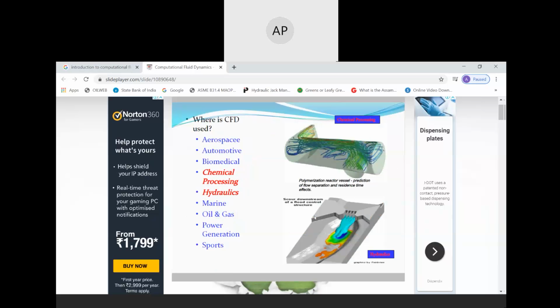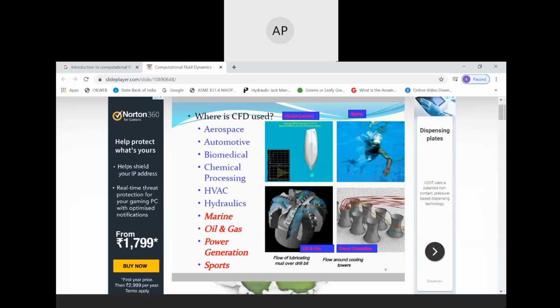So in these areas, CFD can be applied. For the construction of marine structures or ships, and for aerospace, meaning the movement of flight in air, all these require CFD.